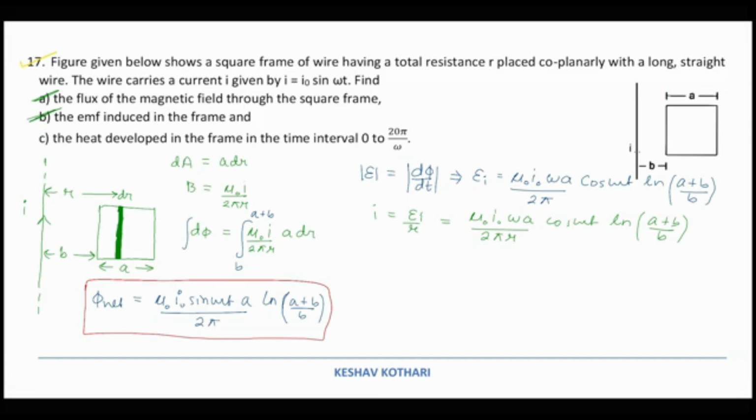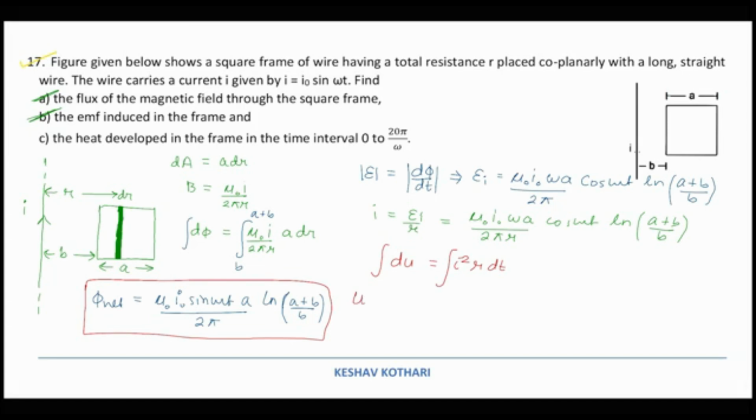Now for the expression of heat energy, we write dU is equal to I square r dt, and we integrate this expression for the given time, from 0 to 20 pi by omega. Since the current is a function of time, we will be using this integral to calculate the value.